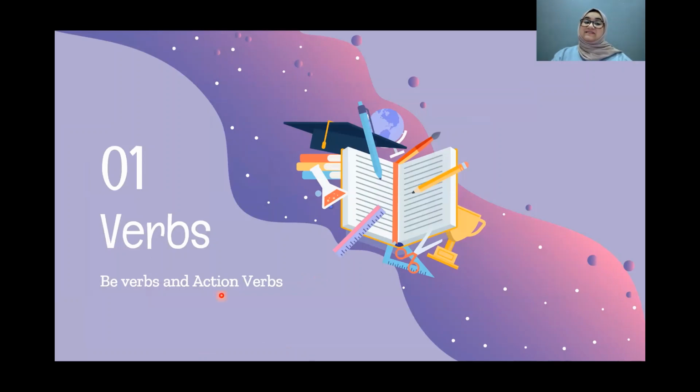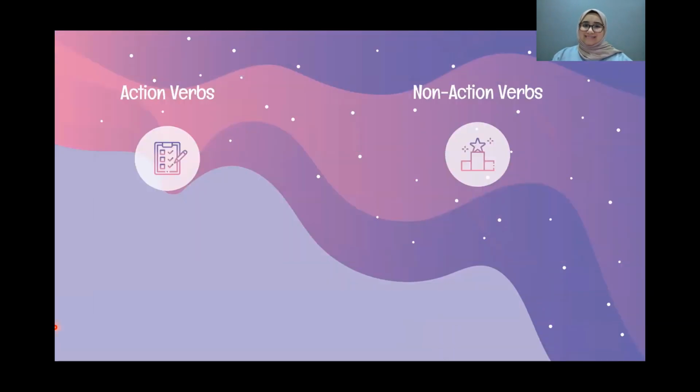Okay, let's start. Number one, as we said, we're discussing verbs. So, what is the difference between action verbs and non-action verbs? Action verbs indicate action, or they simply mean that you are doing something, or the verb talks about doing something.